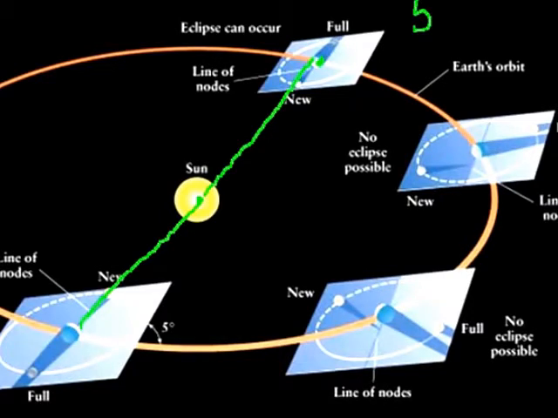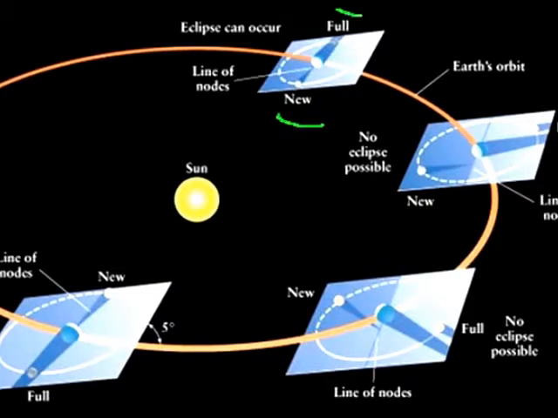And so every time the Moon is either at the new phase or the full phase, we do not have eclipses. We only have eclipses when at new or at full, the Moon's shadow touches the Earth. Most of the time, the Moon's shadow does not touch the Earth at that phase. It either goes above or beneath, and we don't have an eclipse.